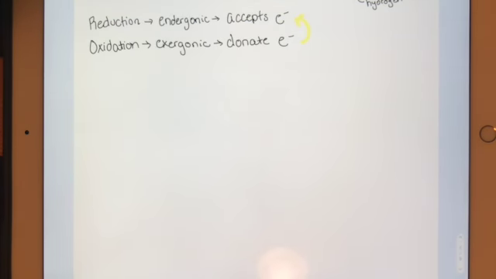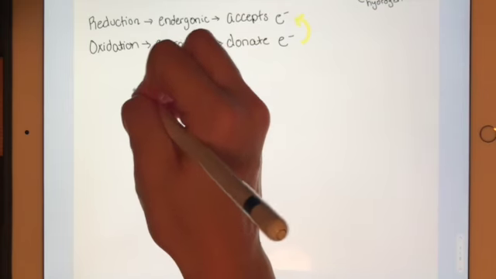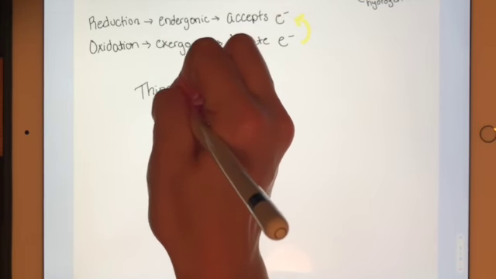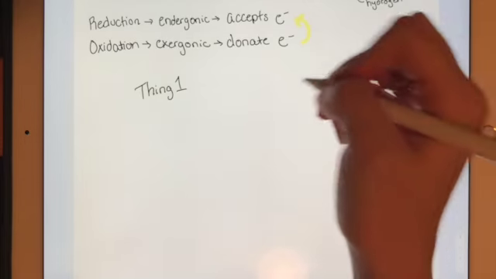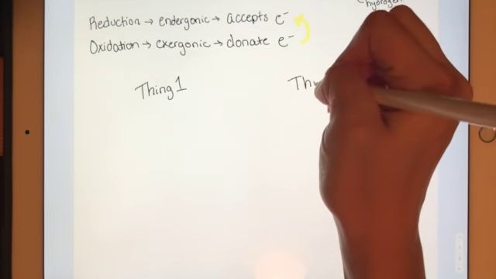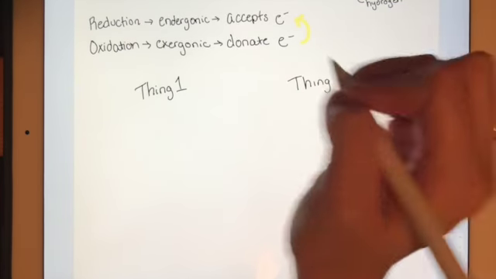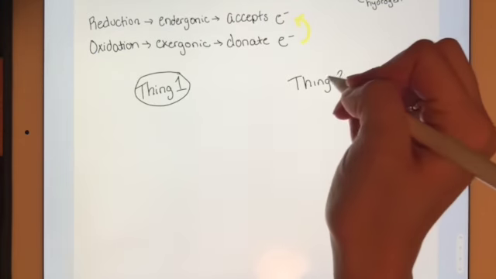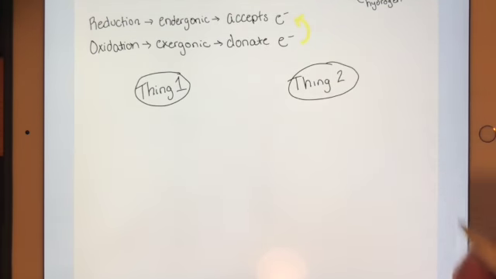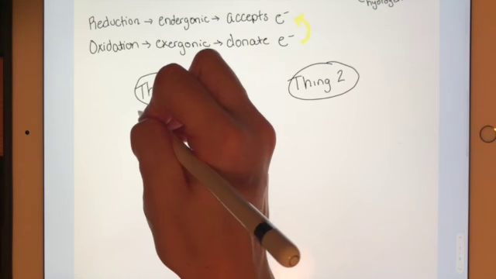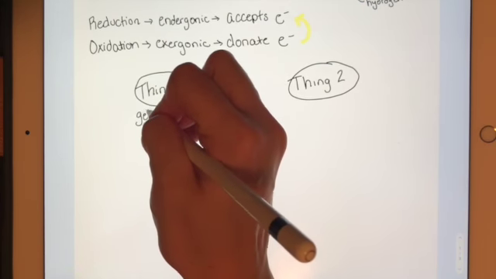So we are going to make a very, very simplified sketch of what's going on here. I'm going to label one side thing 1, another side thing 2. And thing 1, I'm going to say gets oxidized.